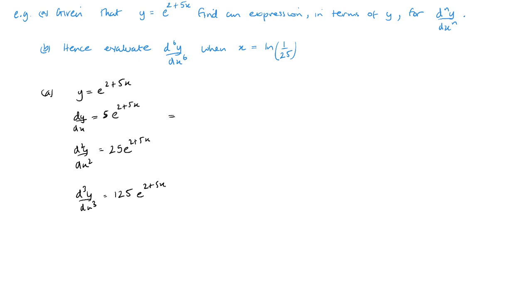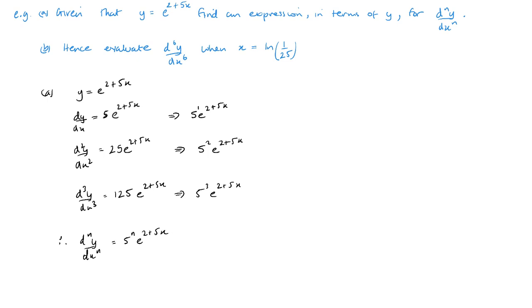Okay, so here is the pattern. This one is 5e^(2+5x), which is 5 to the power 1. This is 5 to the power 2, e^(2+5x). This is 5 to the power 3, e^(2+5x). Therefore, d^n y by dx^n will be 5 to the power n e^(2+5x).